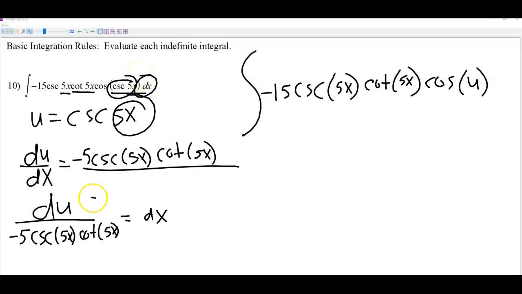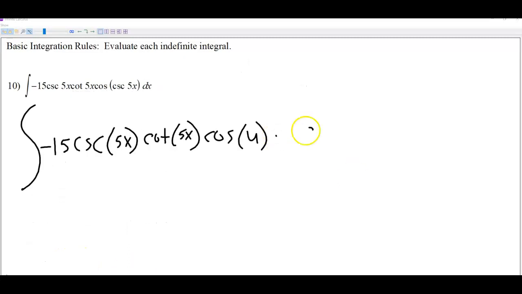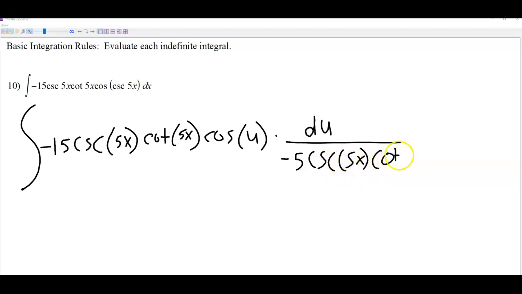Then my dx I'm going to replace with this whole thing here. I'm actually running out of space, so just a second here. So we have du over, and then that big long thing we had earlier, which was negative 5 cosecant of 5x cotangent of 5x.